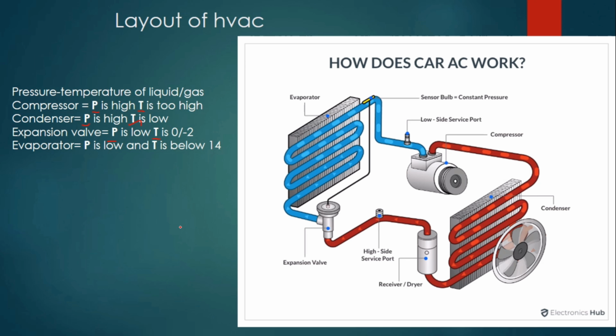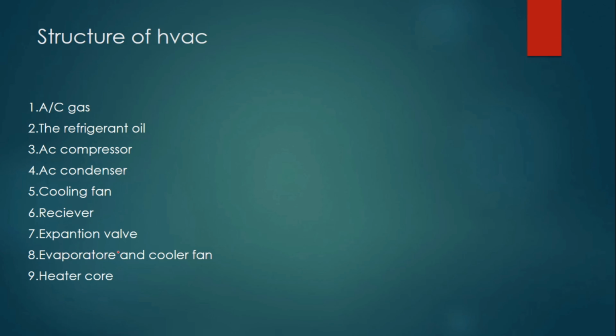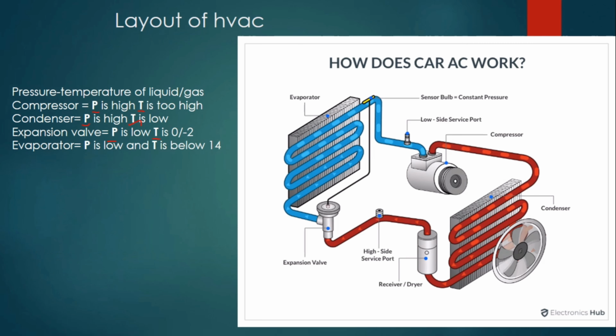Then we have the evaporator. The liquid and gas will enter the evaporator. In the middle of the evaporator, if you check, we have the heater core, and there we also have the blower fan. It gives heat to the liquid plus gas.